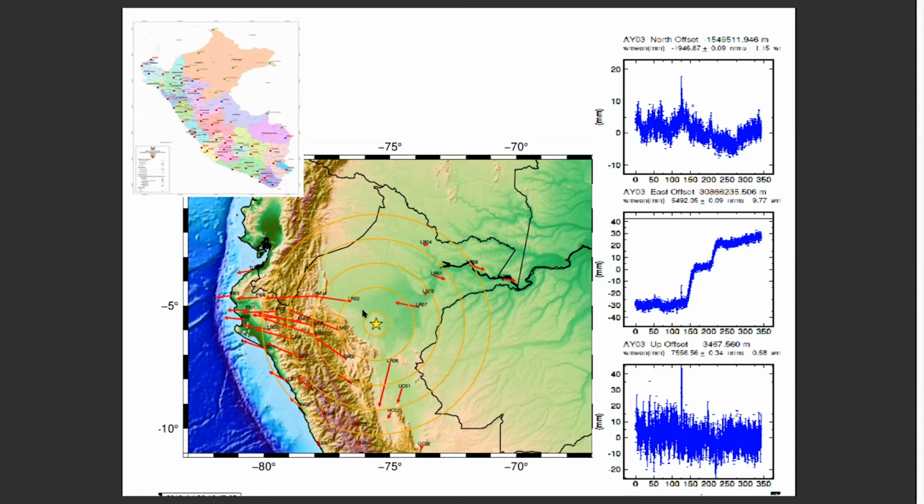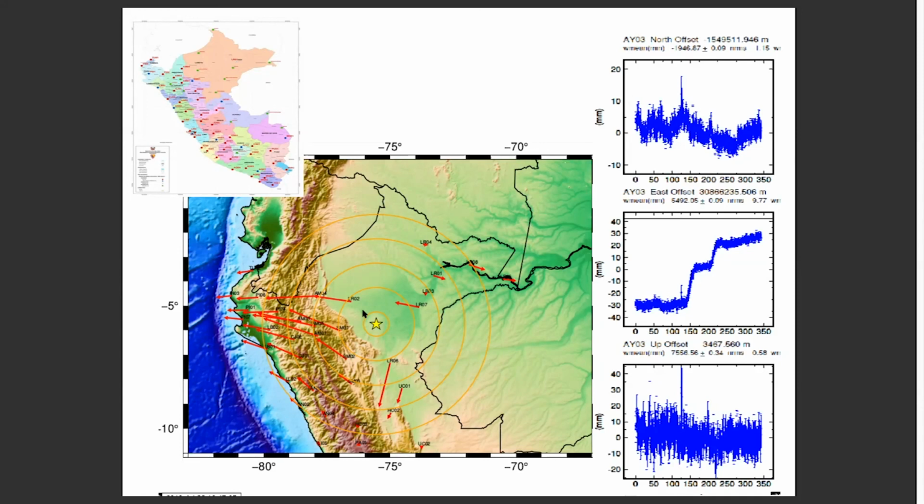There was one earthquake of magnitude 8. It was very deep, profundo, 40 kilometers at this place.